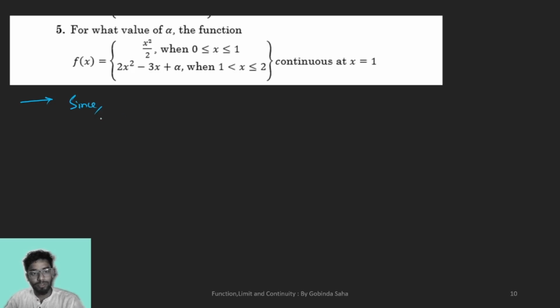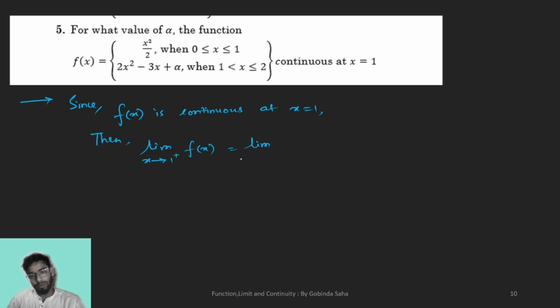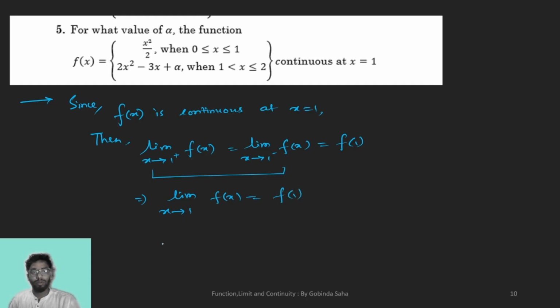So similarly we can write, since f(x) is continuous at x equals 1, then the limit as x tends to 1 plus of f(x), the limit as x tends to 1 minus of f(x), and f(1) are all the same. Or including both of these, we can also write that the limit as x tends to 1 of f(x) is the same as the value of f(1).